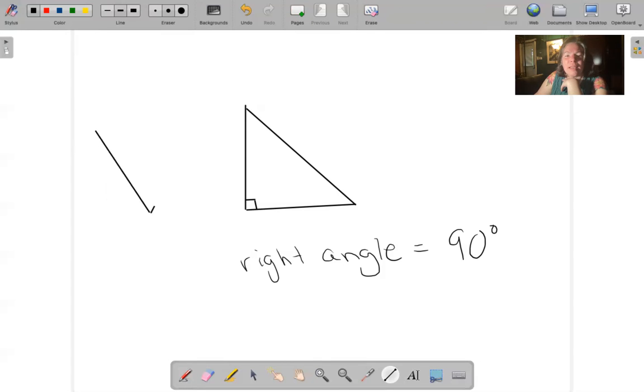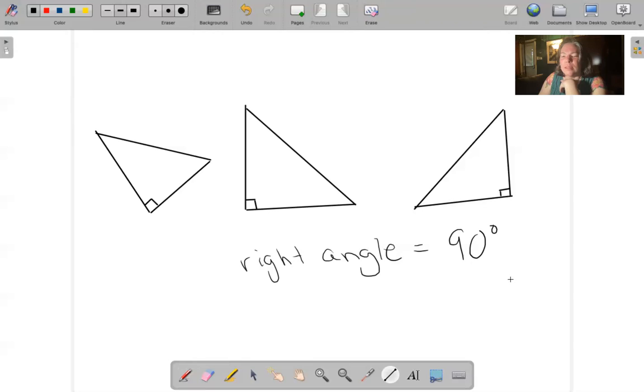Let's say this is a right triangle. This is a right triangle.